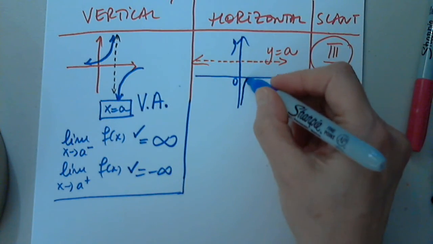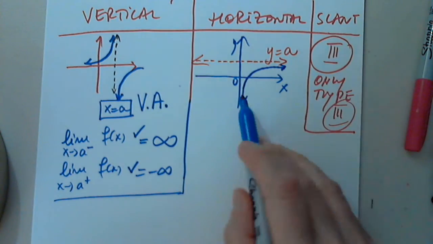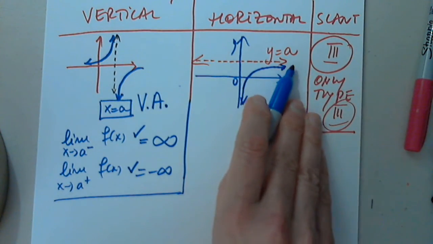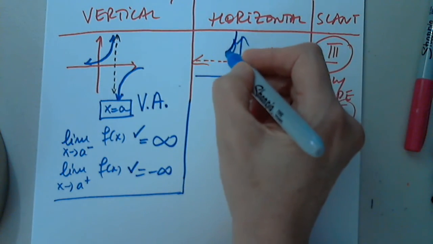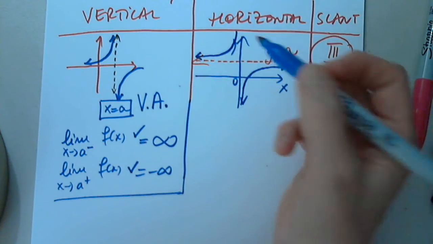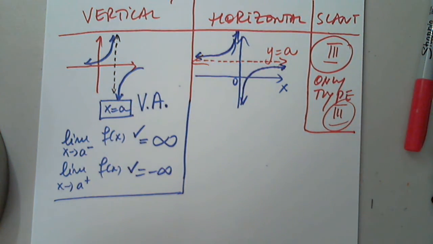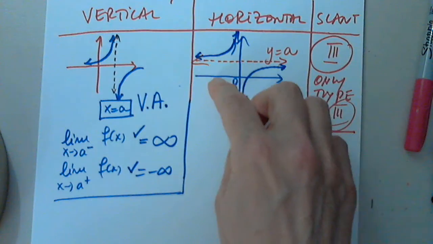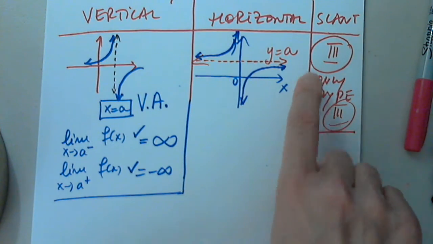Let's say it does this, getting closer and closer to a. And let's say on this side, it does this, getting closer and closer to a as x approaches negative infinity and then x approaches positive infinity.